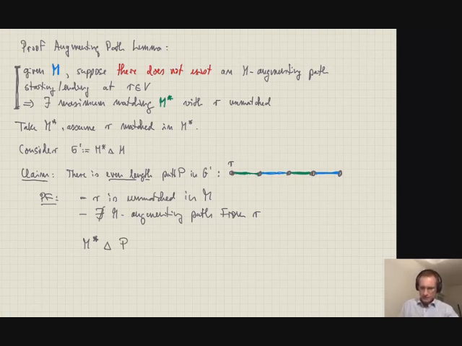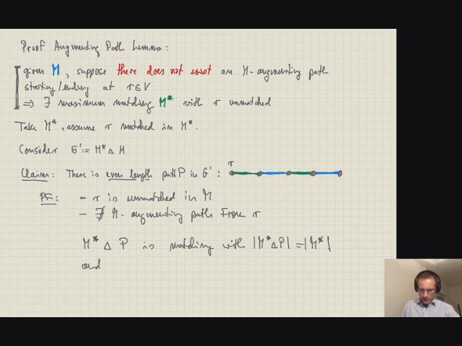So that is a matching with the same size as M star itself, right? Because it's an even length path. So we still have the same number of green edges after this operation.